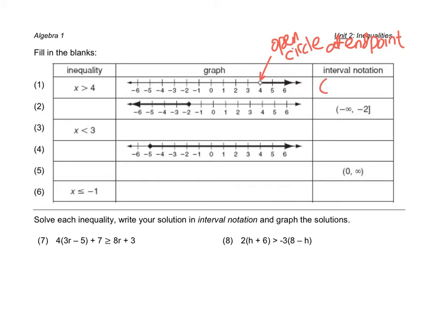Put parentheses around whatever that endpoint is, 4. Then we want to indicate with a comma that it's an interval of values or a range of values, although we don't use the word range, it just seems to make sense. A set of values starting at 4 and ending somewhere, but in this case it never ends.